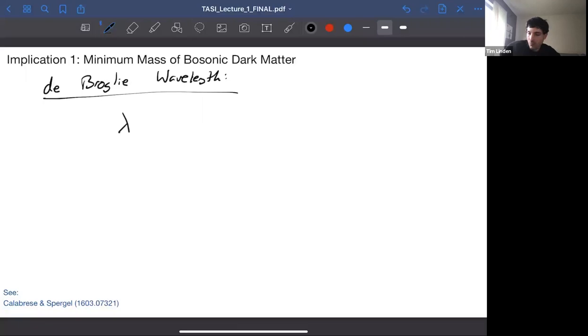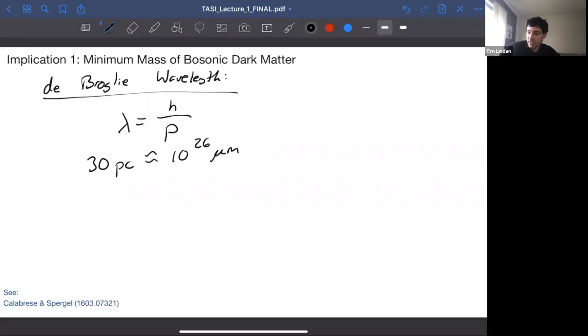So my wavelength is equal to Planck's constant over the momentum of the particle. And so 30 parsecs is approximately 10 to the 26, that is not in the exponent anymore, 10 to the 26 microns.